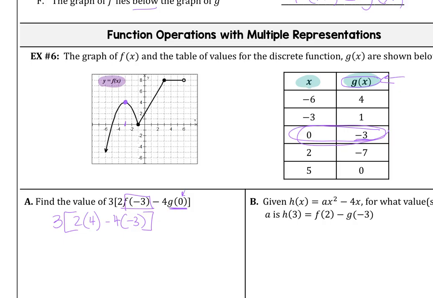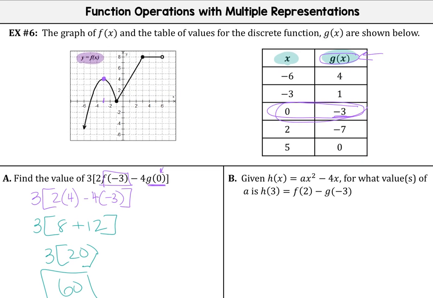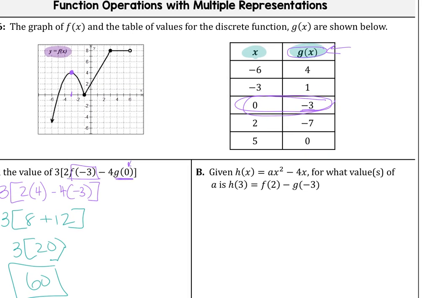Now that we've substituted, we can use PEMDAS. 3 times 8 plus 12, 3 times 20, 60. There we go. Now the next one. Given h of x equals ax squared minus 4x, what value of a makes h of 3 equal to f of 2 minus g of negative 3?